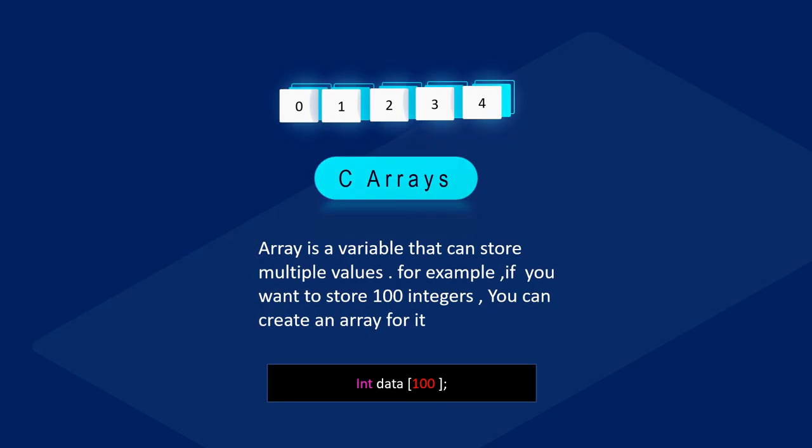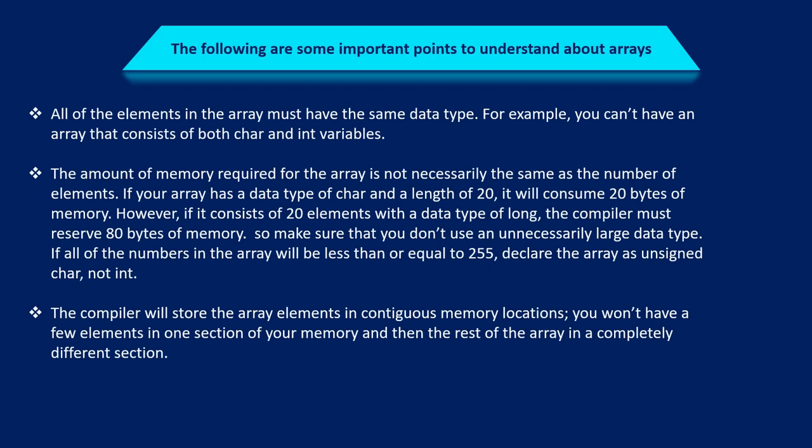Next we discuss some important points to understand about arrays. First, all of the elements in the array must have the same data type. For example, you cannot have an array that consists of both char and int variables.